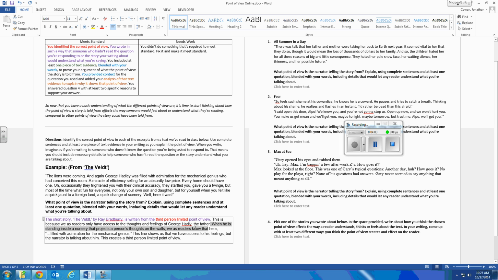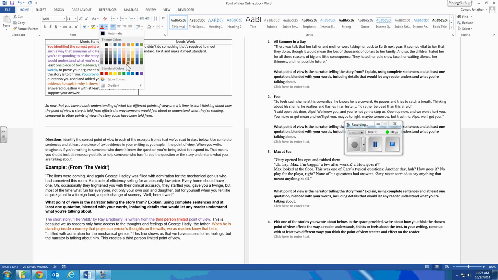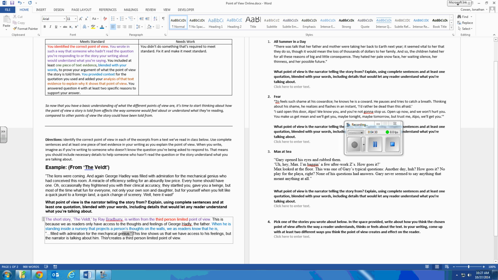So right here, what I just did is blend my words with the text evidence, but I did that by saying what is happening in the story at the moment that text evidence shows up, which, unfortunately, is kind of hard to get your head around. I had to go back and reread, which is something you have to do all the time when you analyze literature. I had to go back and reread this section and figure out what exactly was going on at that moment in the story. And there's my text evidence.